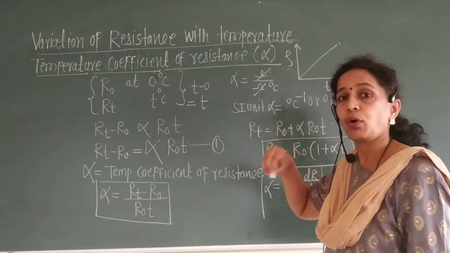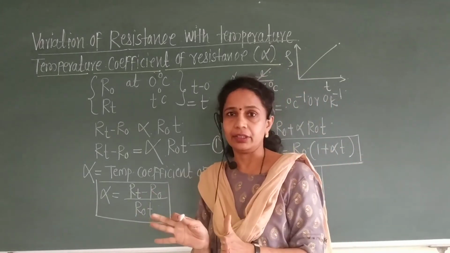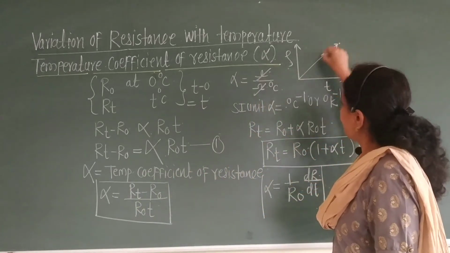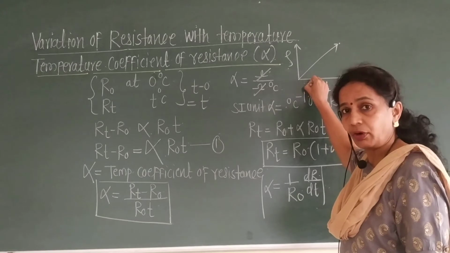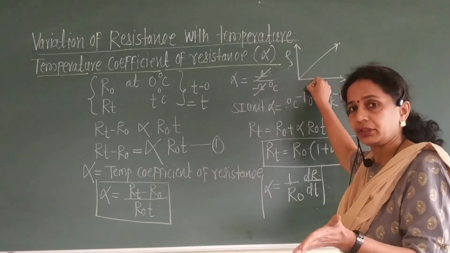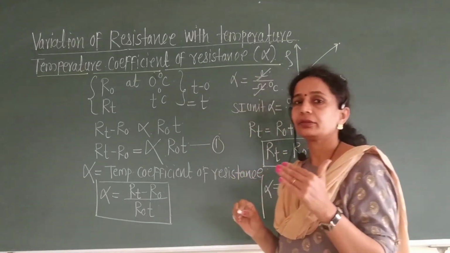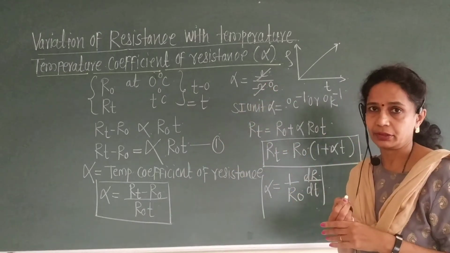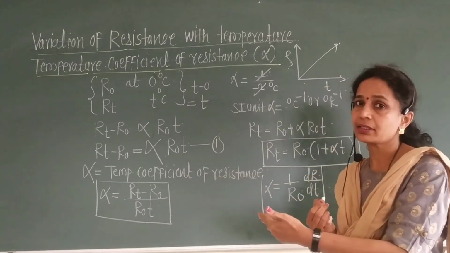And for low temperatures, the graph is non-linear. It will not be exactly linear. Linear means a straight line passing through the origin. This result can be found at high temperature, and for low temperature, the graph is non-linear, meaning R does not vary exactly with temperature. Okay, and this result can be found for some metals also.